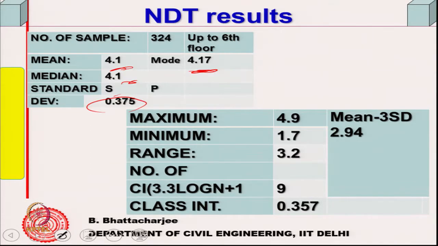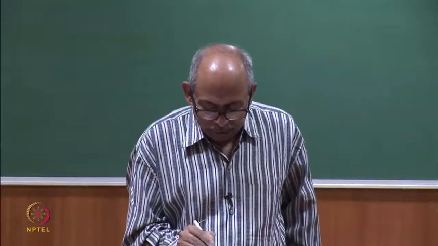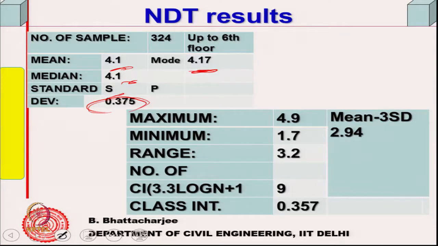So, from mean, median, mode calculations also you can find out. Standard deviation was 0.375, population standard deviation. In this case it was 0.357. This is for the next range.